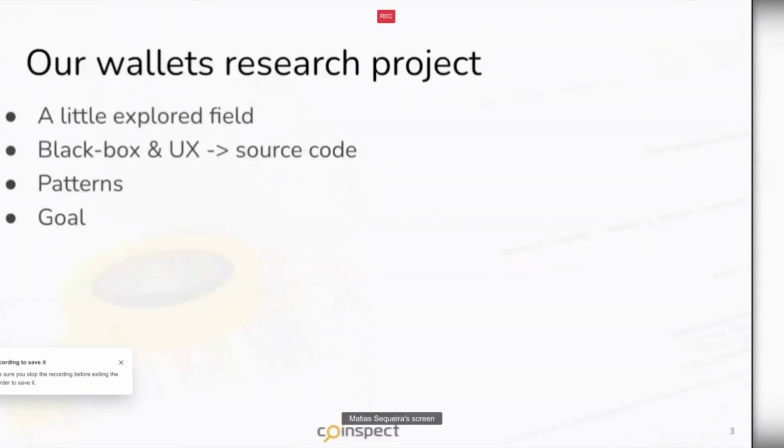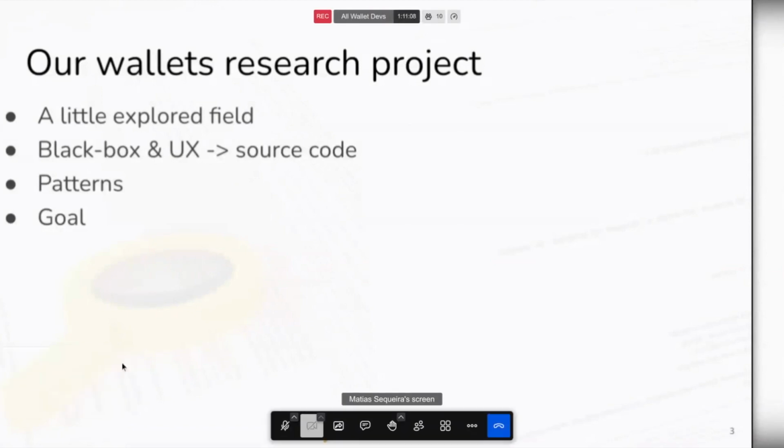So that's it. The goal of this research project is overall to contribute to a better and more secure user experience. Our goal is to assess multiple wallets at once and try to discover multiple issues affecting more than one wallet, which is the case of this EIP712 issue.